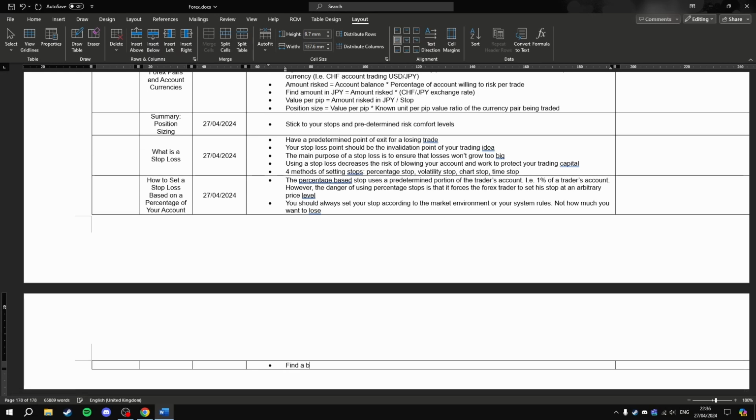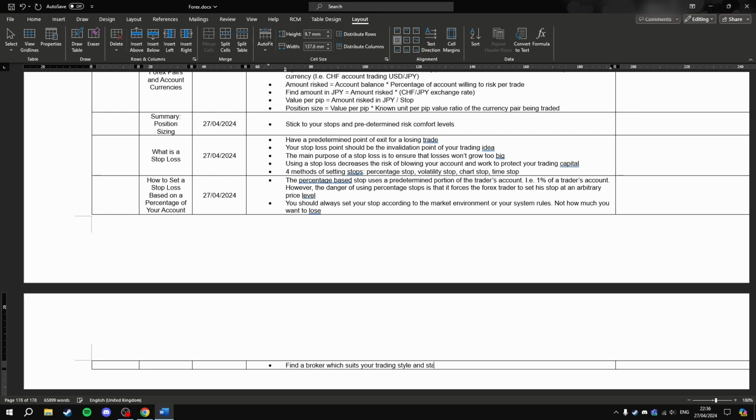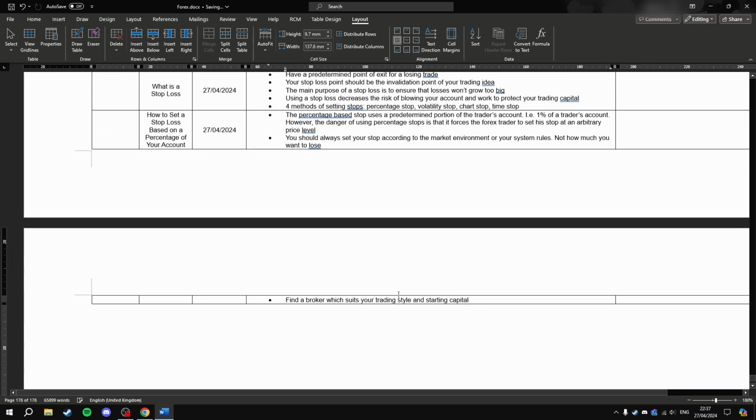Find a broker which suits your trading style and starting capital.